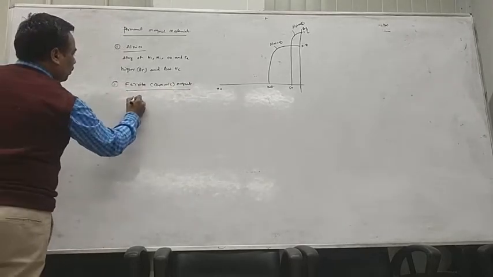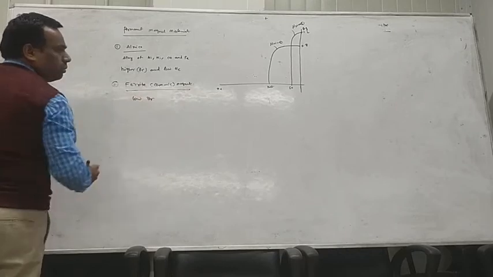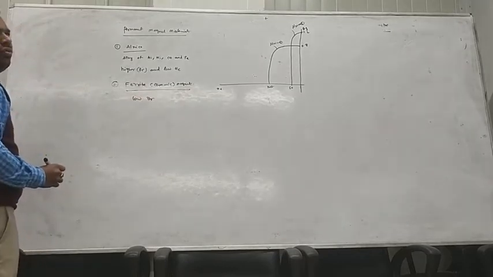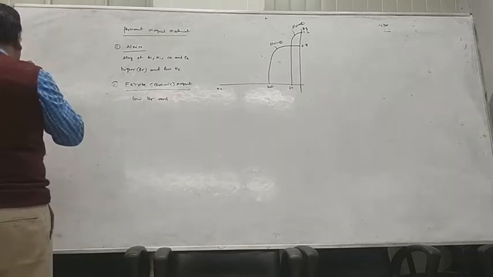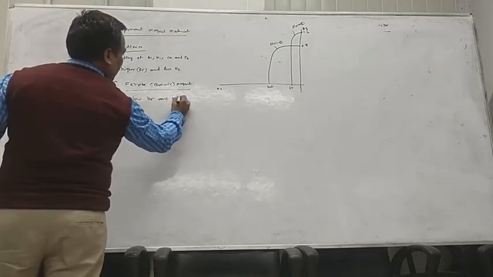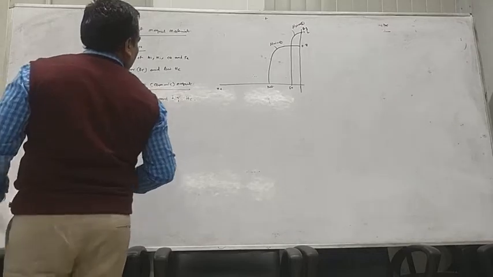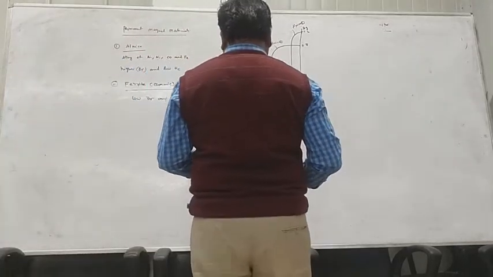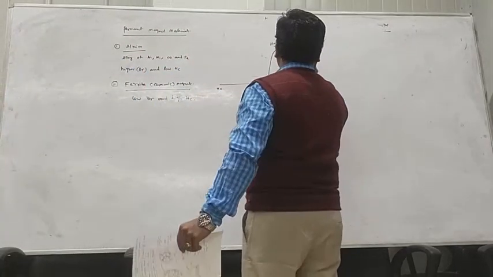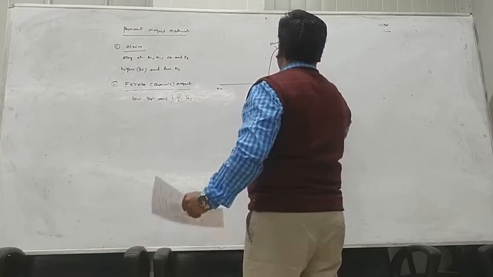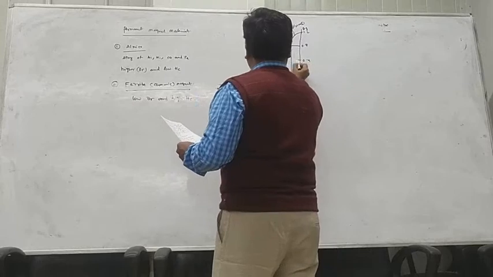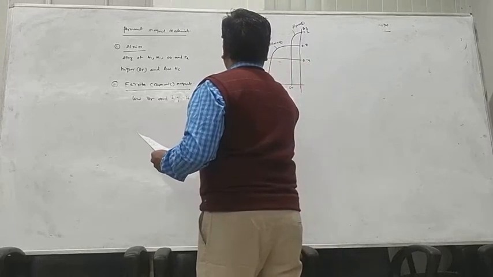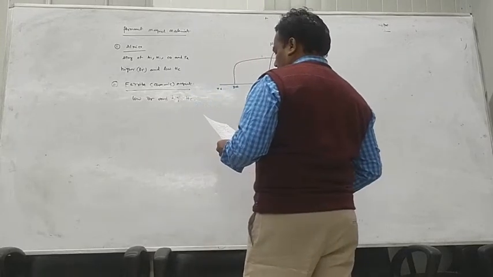Low value of residual flux density, low Br, and high Hc. For example, if you see here low Br, this is 0.4, I am considering here 0.4 and 320. So this is a ferrite.